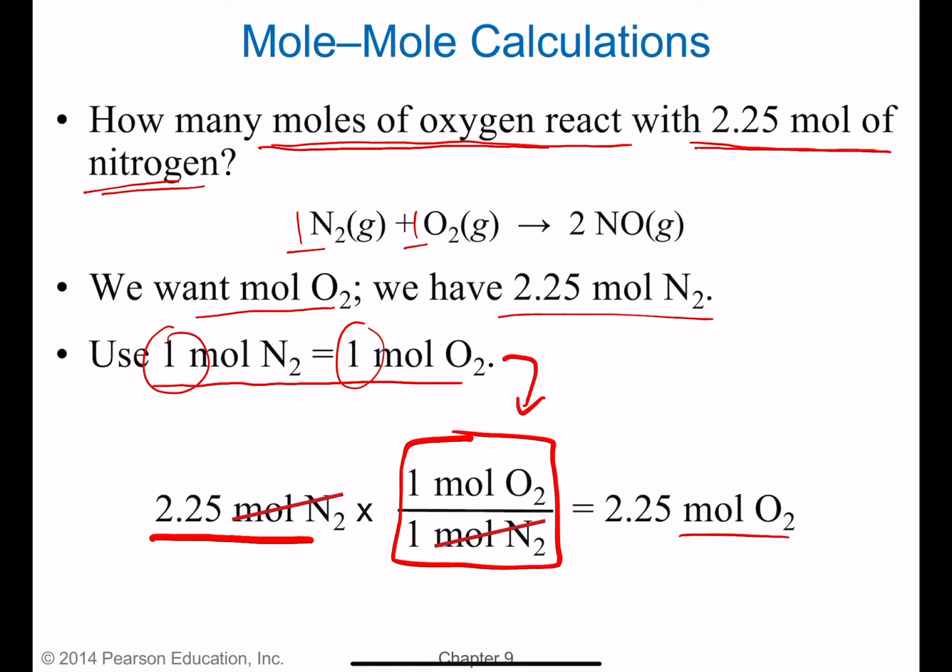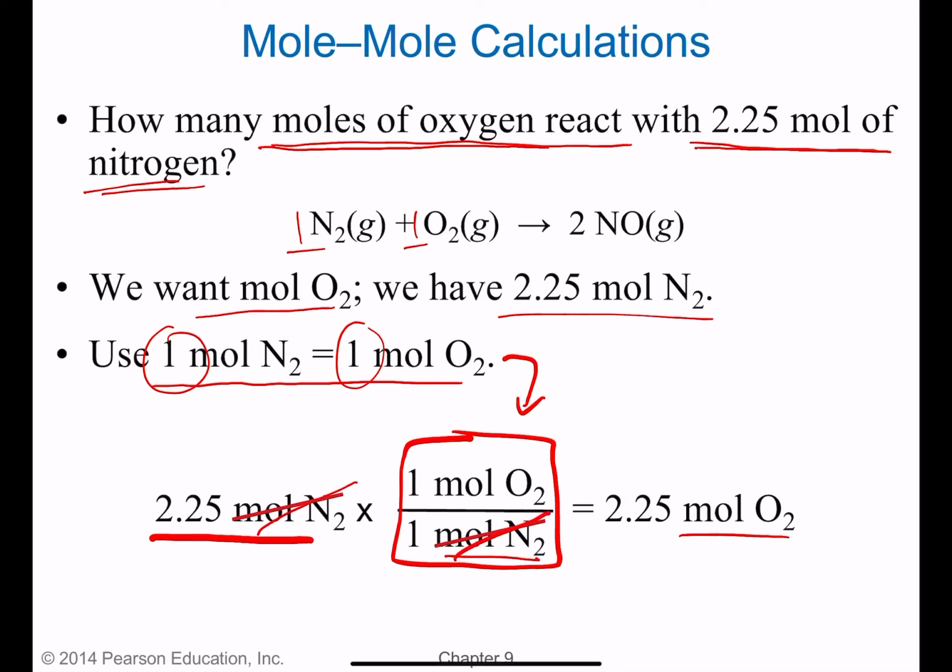Now, in terms of how the ratio is set up, it's trivial in this case because it's just 1/1. But in terms of units, it's really important to show your units, especially on a quiz or a test, including the test that you're going to have. So I put moles of N2 on the bottom because that's what I need to cancel. I started with moles of N2.